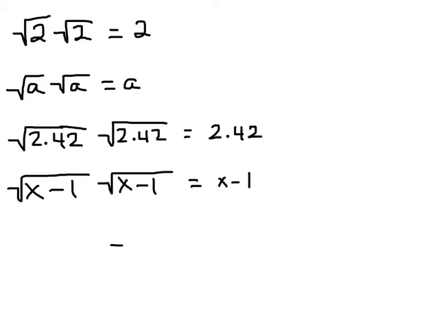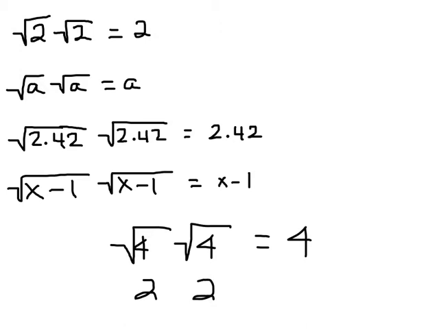The square root of 4 times the square root of 4 equals 4. Well, what's the square root of 4? 2. 2 times 2 is 4. So we can simplify it by saying anytime we have a square root and it is squared, the square root of 4 squared is going to equal 4.